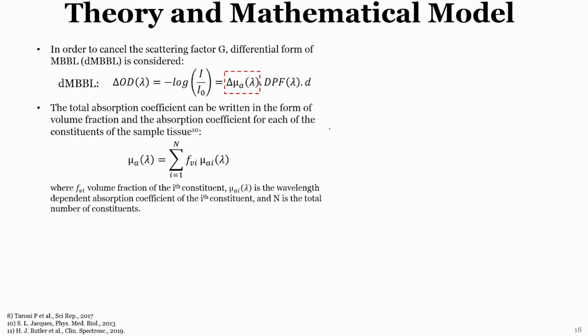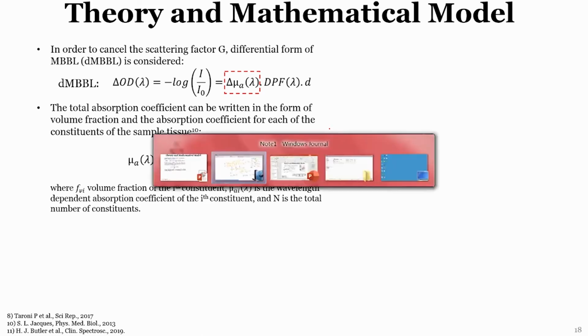The next part is mu a. Now how do I simplify mu a in terms of tissue constituents? One way is to write mu a as a sum of small contributions from each of the constituents.